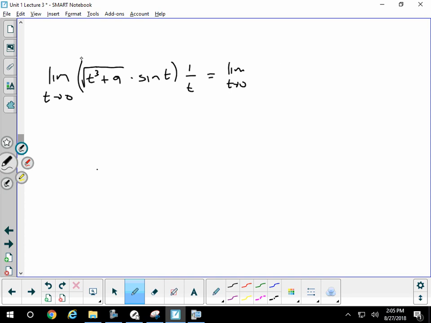This is kind of like our a times b times 1 over c. Since it's multiplication, I could just write this as a times b over c, and that's totally legal. There's no addition, so there's no distribution that needs to be done. So I'm going to write this as a times b over c.